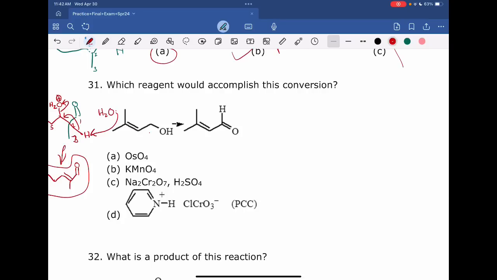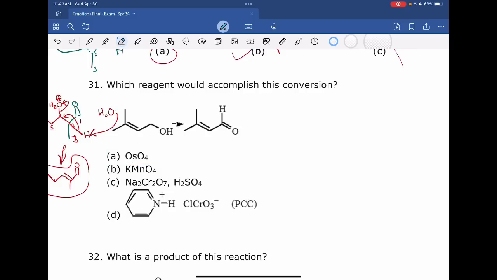Which reagent could accomplish this conversion? Okay, you're going from an alcohol to an aldehyde. So that's an oxidation reaction. Which of these are oxidizing reagents? KMnO4, Na2Cr2O7. These are all strong. I believe that these would all take you, well, not this one. OsO4 is going to add OHs to both carbons in this double bond, and that's not what you're trying to do.